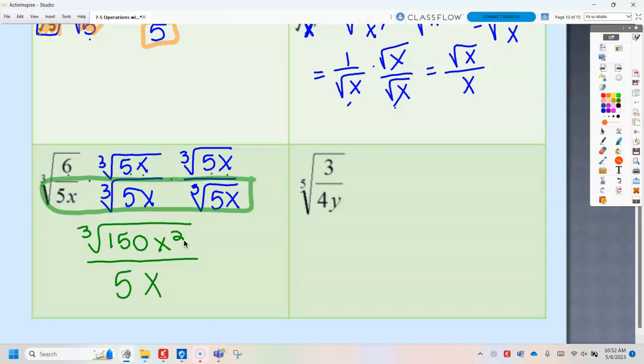Once you have a number on the outside, that number always stays the same. So this one will always be a 5. Now if I need 5 of something, you have to multiply by y four times.